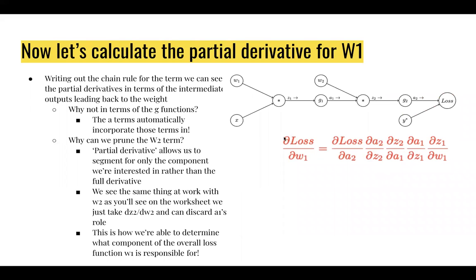The impact of, in this case, weight 1 on loss is this cascading, back propagating aspect of the partial derivative of these two terms, right? Ultimately you'll be able to cancel these terms, these terms, and these terms, and be left with that. But you do need to solve for these intermediate ones in order to eventually arrive at that value.